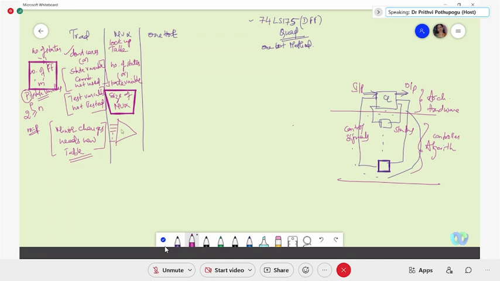Say if 4:1 is not sufficient, maybe we go for 8:1. If that is not sufficient, maybe combine 4:1 and 2:1 muxes, or 8:1. Something like higher level we will be thinking of to handle the number of states you are having, because each input corresponds to a state.